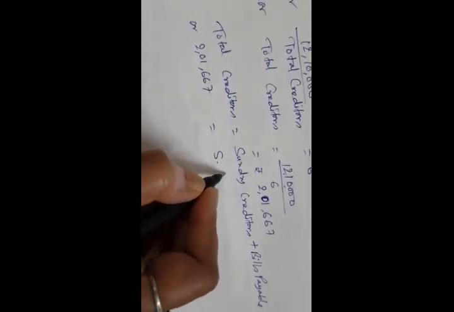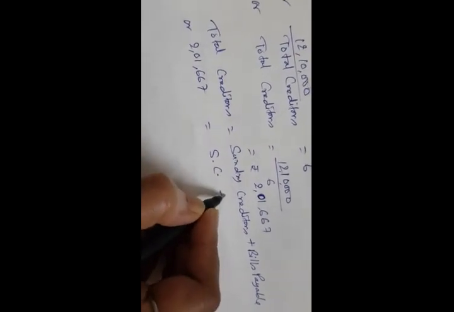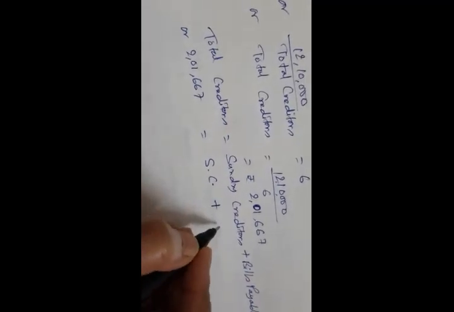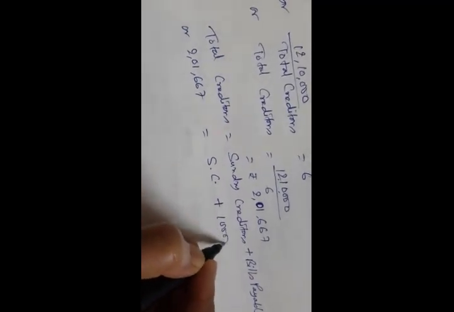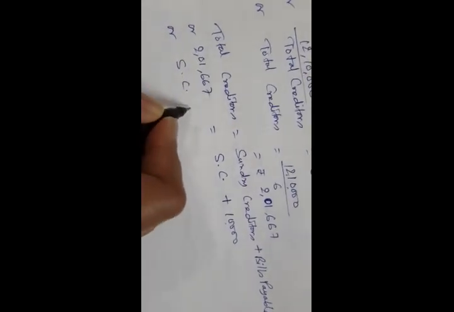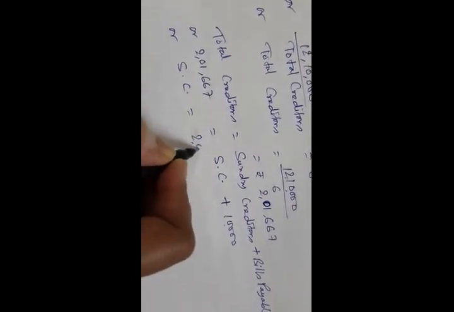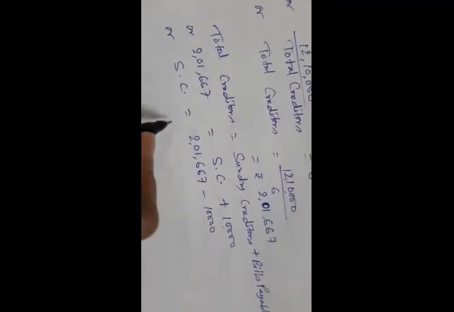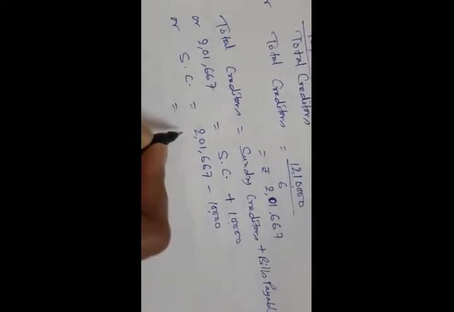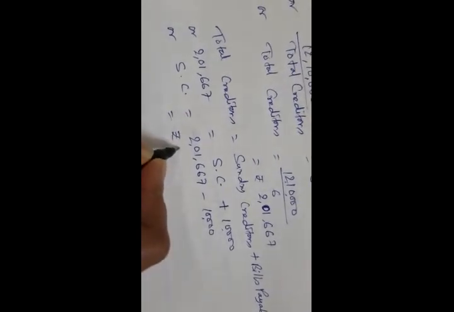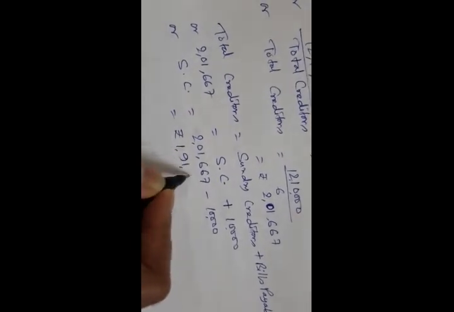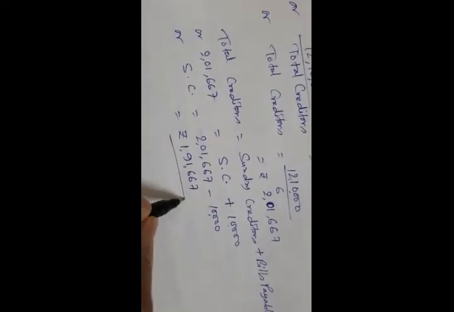Sundry creditor is not known to us, plus bills payable 10,000 rupees. So sundry creditor will be how much? 2,01,667 minus 10,000. So it's coming to rupees 1,91,667. Okay, so we have computed sundry creditors.